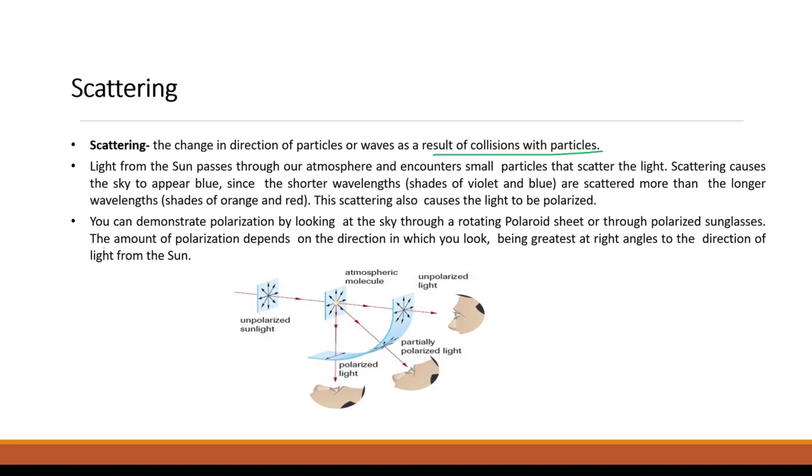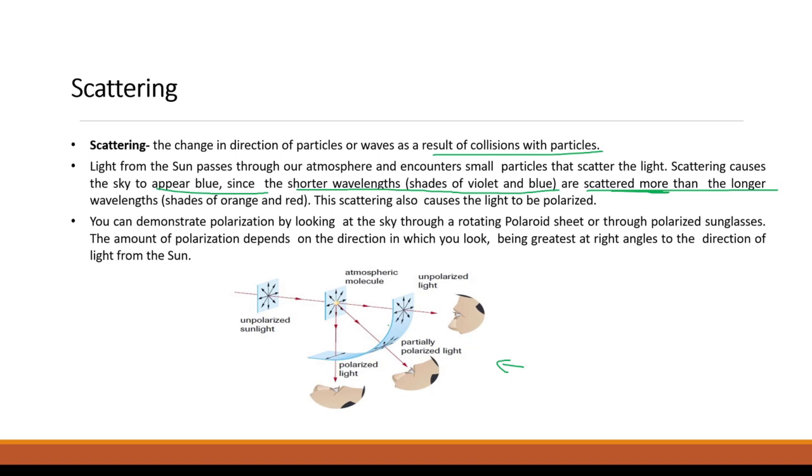Scattering causes the sky to appear blue because the shorter wavelengths, like violet and blue, are scattered more than the longer wavelengths, shades of orange and red. So this scattering also causes the light to be polarized. You can demonstrate this polarization by looking at the sky through a rotating Polaroid sheet, like this, or through polarized sunglasses.